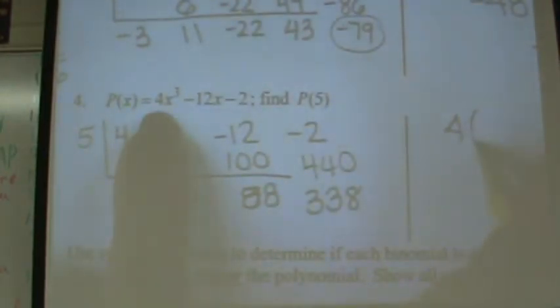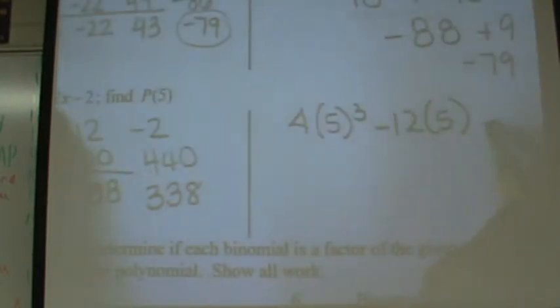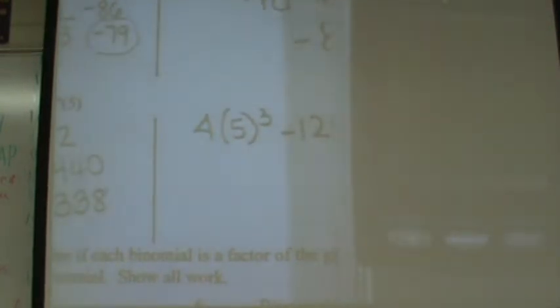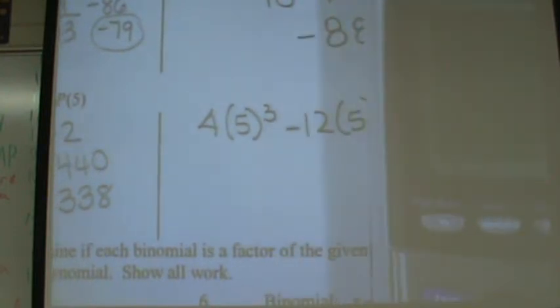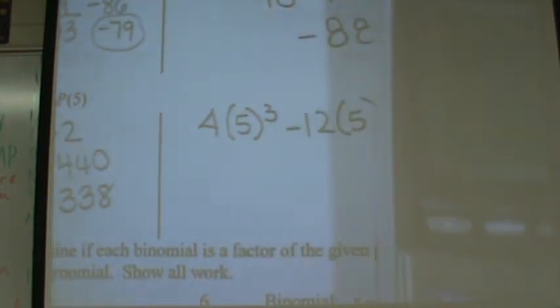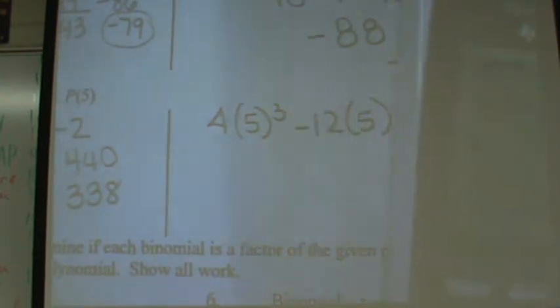So 4 times 5 to the 3rd minus 12 times 5 and then minus 2. So if we use our calculator, we have 4 and then 5 to the 3rd power and then minus 12 times 5, and then we have minus 2, and you get 550.